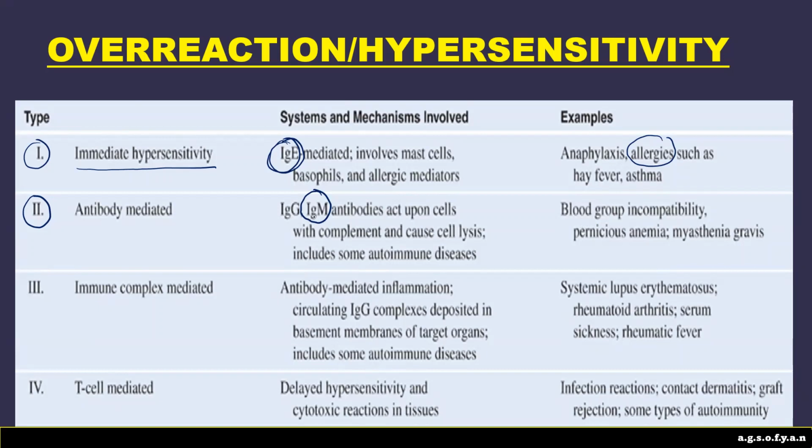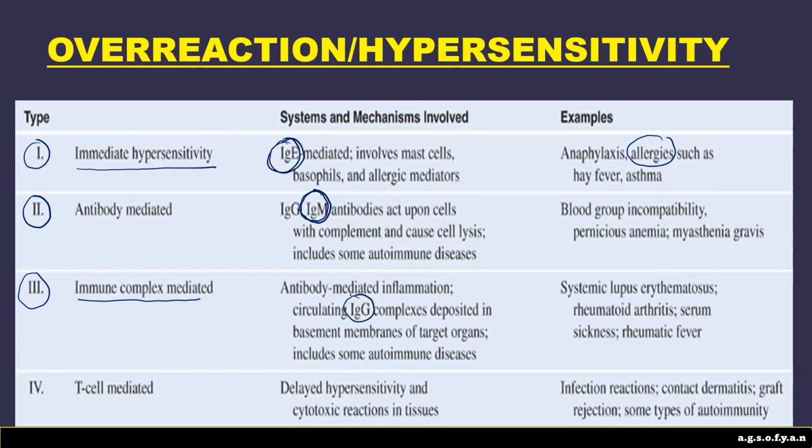Okay, so that's the type 2 hypersensitivity that is caused by the IgM that is really hyperreactive. The next one is type 3 hypersensitivity. It is also known as immune complex mediated sensitivity. And this is mainly caused by the IgG.